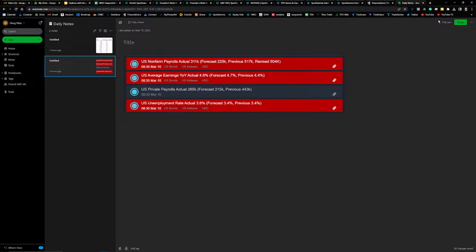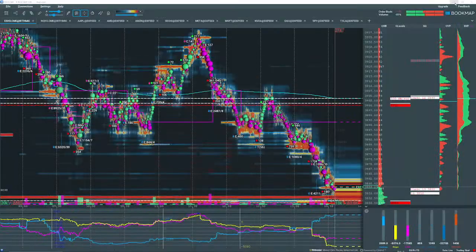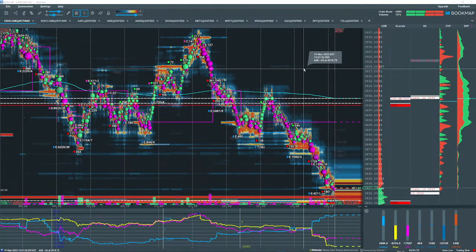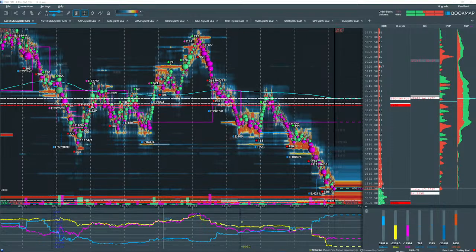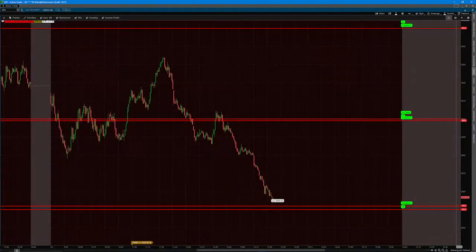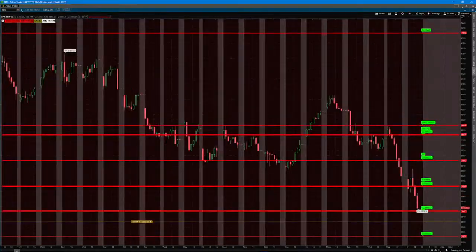All right, let's take a look at our charts now. We'll start our positional analysis. So this is the S&P 500 futures, ES futures. And before I dig into this chart, I'm going to take a look at a higher time frame. I'm going to start with, whoops, that's the wrong chart. Here it is. So this is the chart that I want to take a look at.